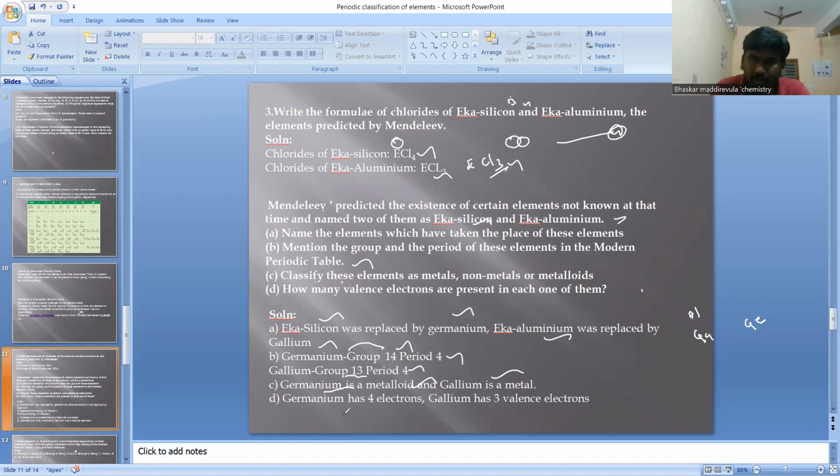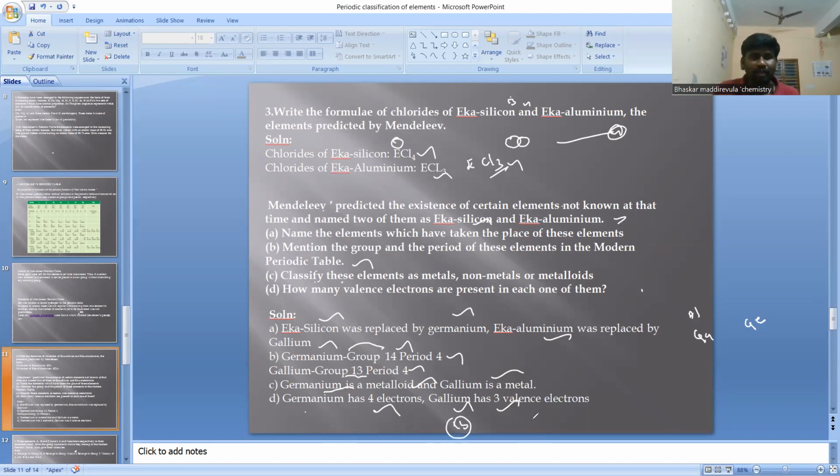Germanium is a 14th group element, that's why it possesses 4 valence electrons, and gallium became a 13th group element, so it will possess 3 valence electrons.